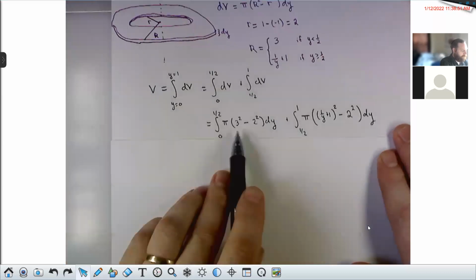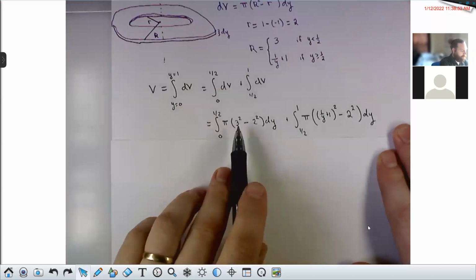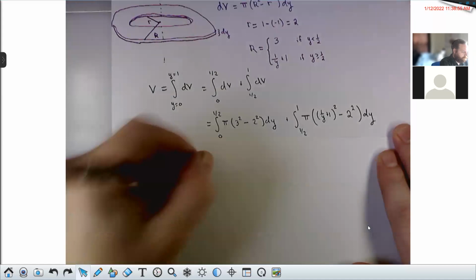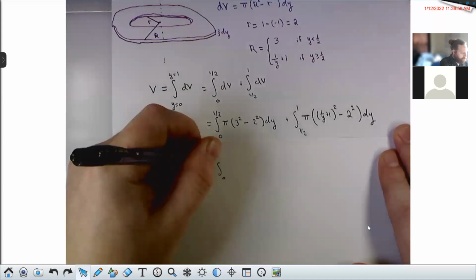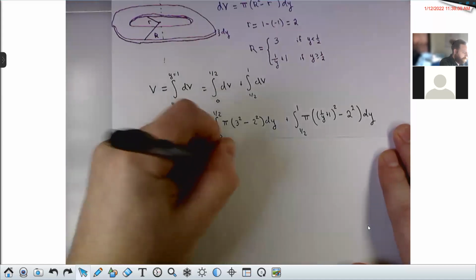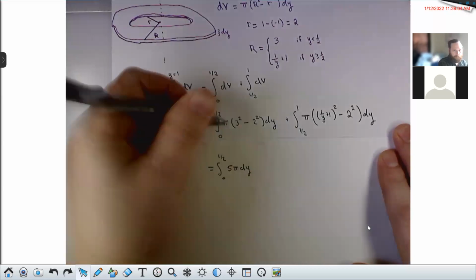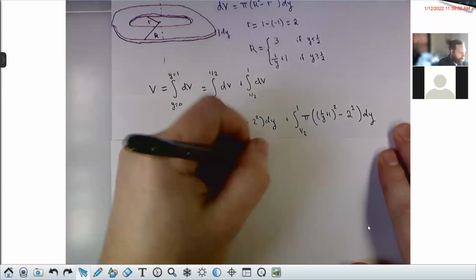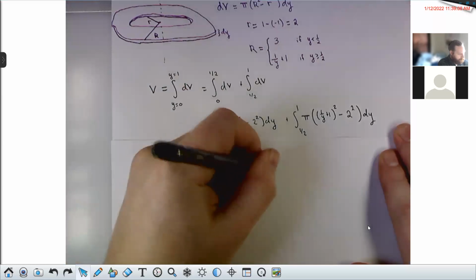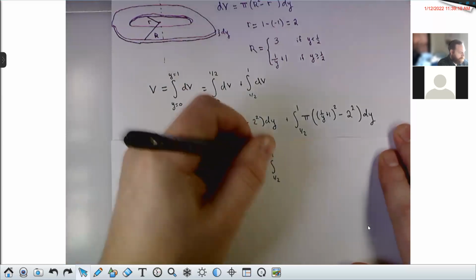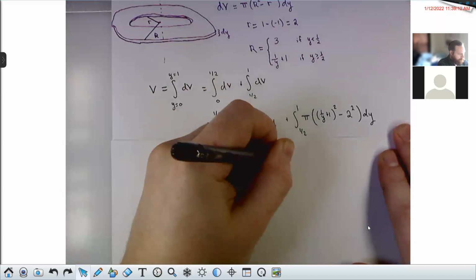3 squared is 9, 2 squared is 4, so this is 9 minus 4 is 5. So that first integral is the integral from 0 to 1/2 of pi times 5, which is 5 pi dy, plus integral from 1/2 to 1 of pi times.